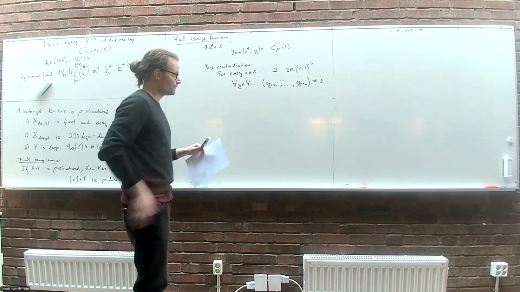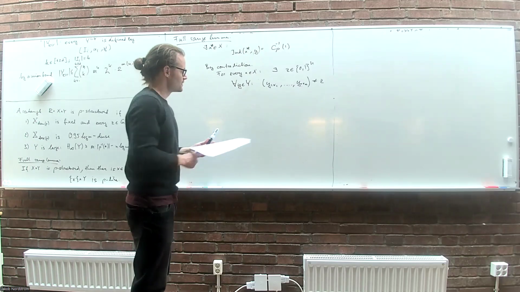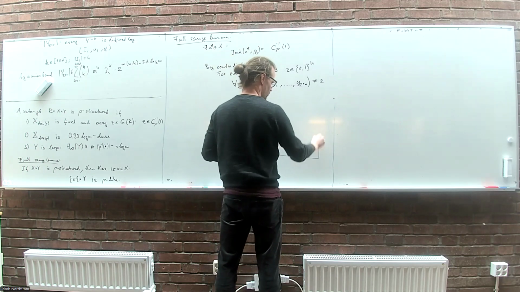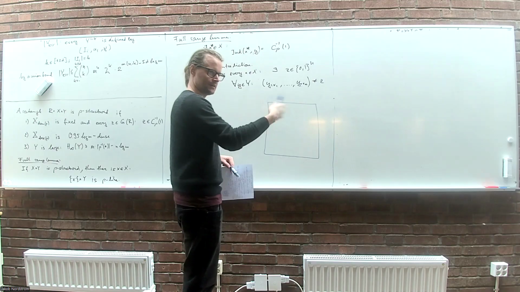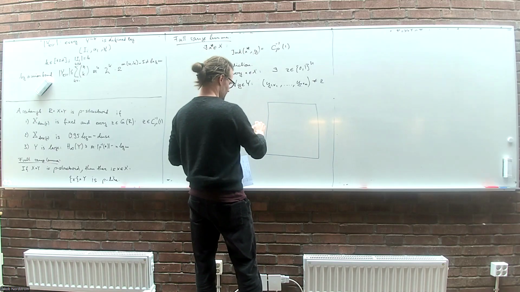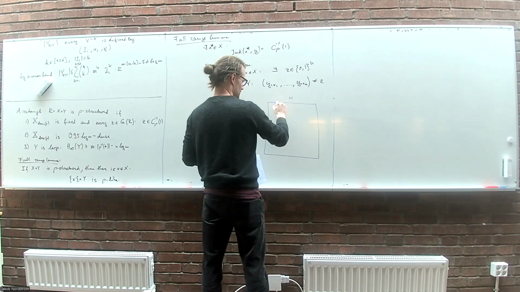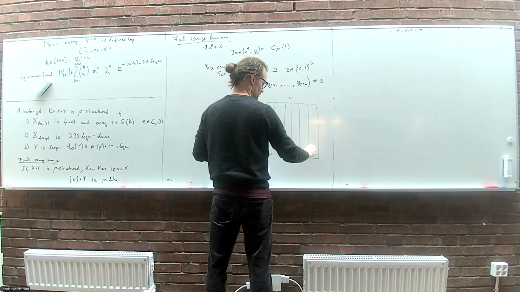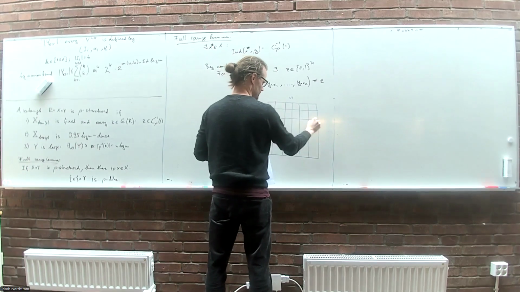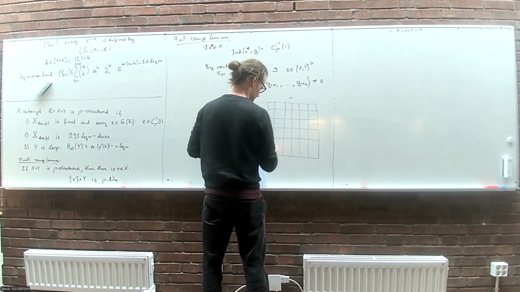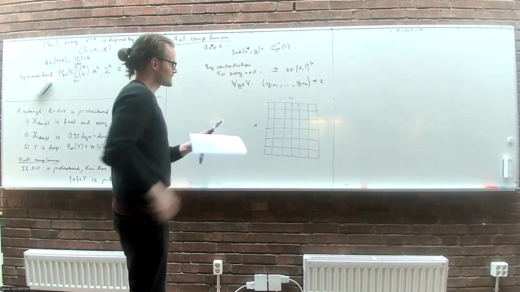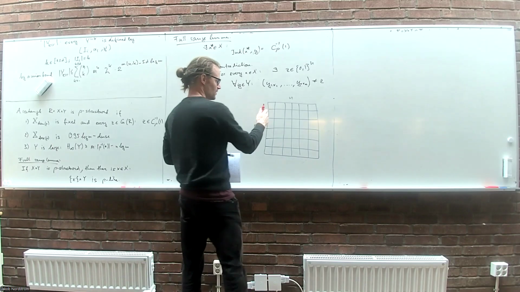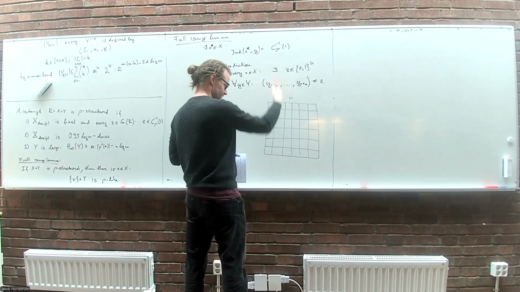Okay, so a picture to keep in mind. We want to think of y as given in a matrix with dimensions n by n, and it's a Boolean matrix, with Boolean entries. Now what does an x do? An x just identifies one cell per column.